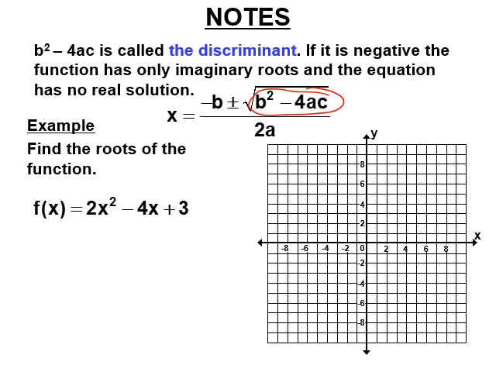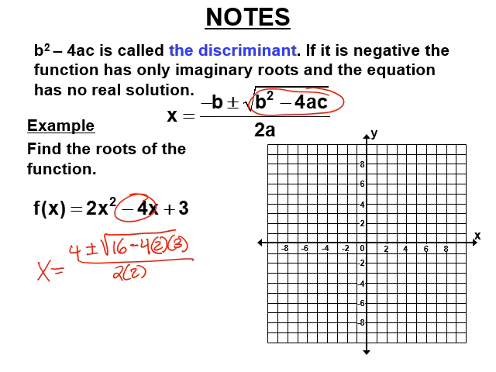So let's see what happens here. We have x equals negative b, 4. But you really don't have to do that part. Plus or minus the square root of b squared, negative 4 squared, 16, minus 4 times a, which is 2, times c, which is 3. This is all you really need to look at, because this is 16 minus 4 times 2 is 8, times 3 is 24.